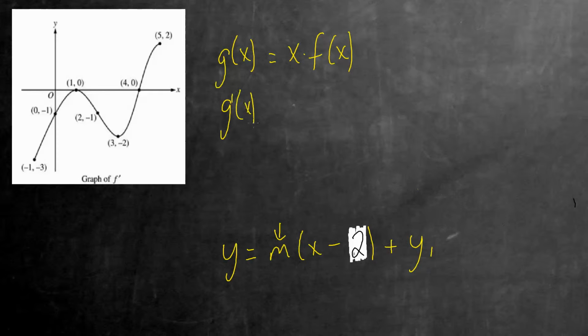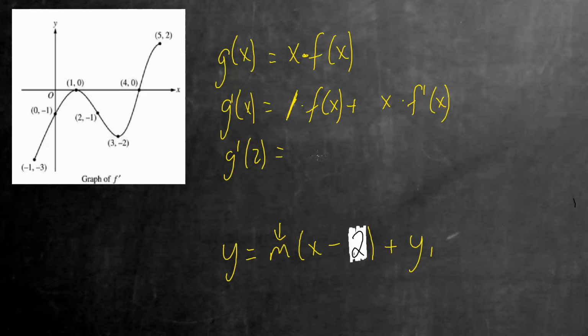So g prime of x is equal to our product rule, the derivative of the first times the second plus the first times the derivative of the second. So to find g prime of 2, we're going to need f of 2 plus 2 times f prime of 2.